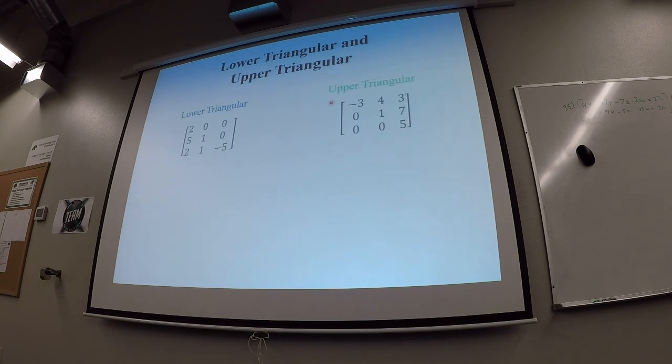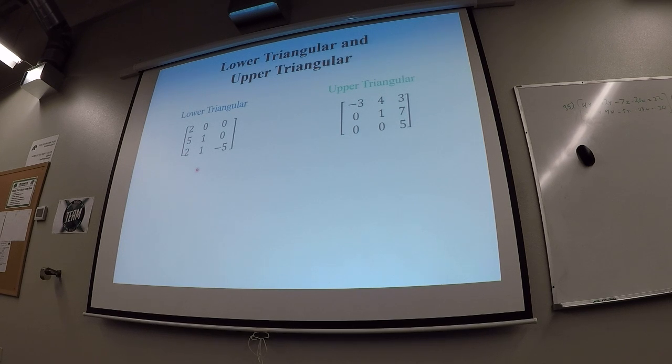Now we're going to talk about lower triangular and upper triangular. Here's the cool thing about lower triangular. Tell me what you notice about it. Why is it called lower triangular? I've got a little right triangle on the bottom, on the low part. Do I need leading ones?